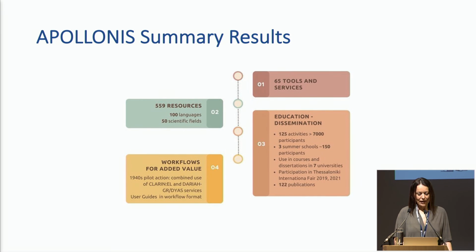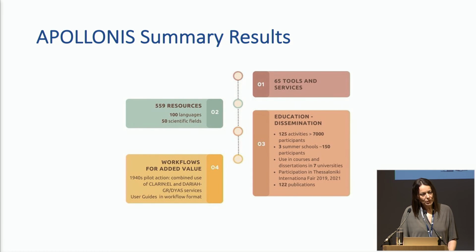So I will summarize with some results, going back to the numbers of communities this time that we have spoken about from the beginning. Within Apollonis, within this super infrastructure, we have 65 tools and services, 559 resources, workflows for added values like the decade 1940 that we talked about.